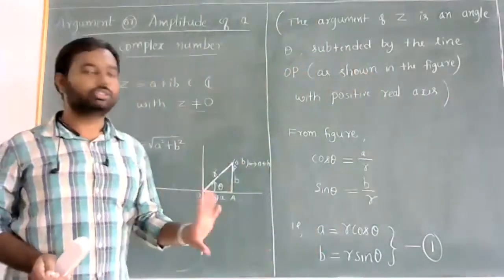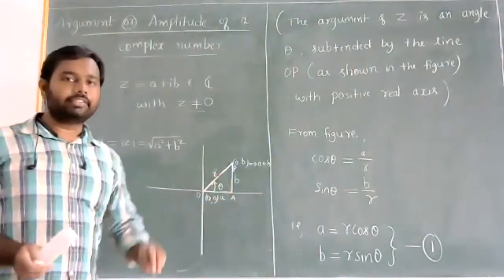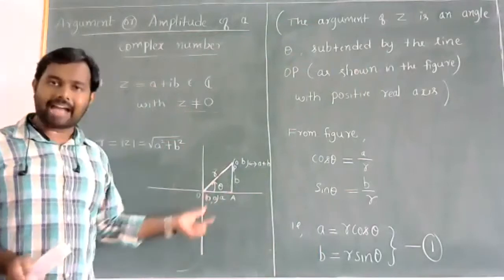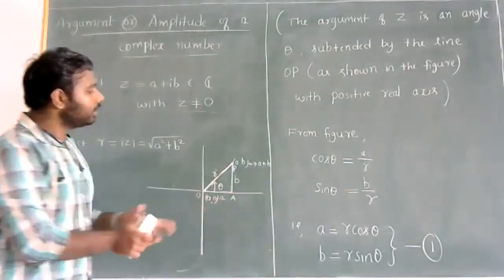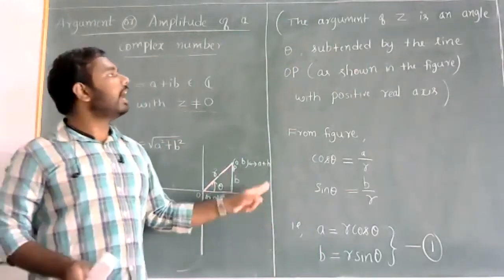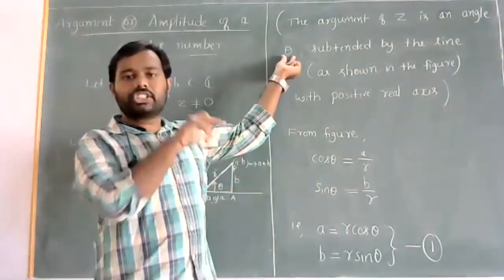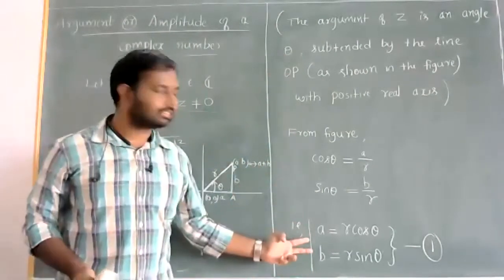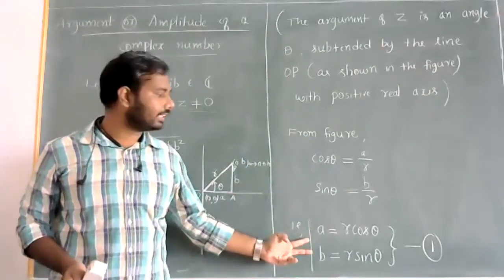argument of z. So geometrically, if you want to define argument of z geometrically, it is nothing but an angle. It is an angle between the line OP and the positive real axis. And any such angle satisfies this set of equations.